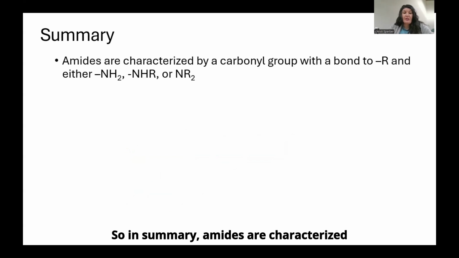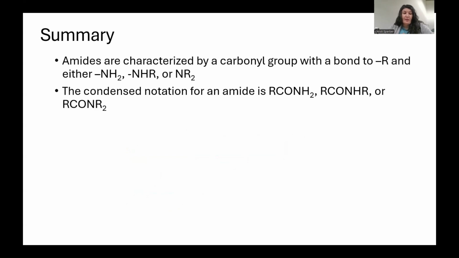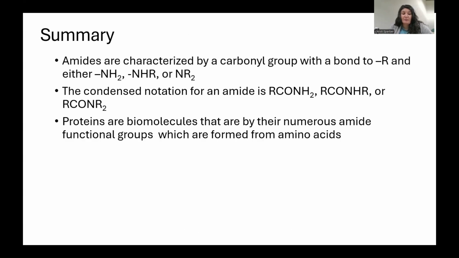So in summary, amides are characterized by a carbonyl group with a bond to an R group and either NH2, NHR, or NR2. The condensed notation for an amide is RCONH2, RCONHR, or RCONR2. It all depends on how many hydrogens or R groups the nitrogen is bonded to.